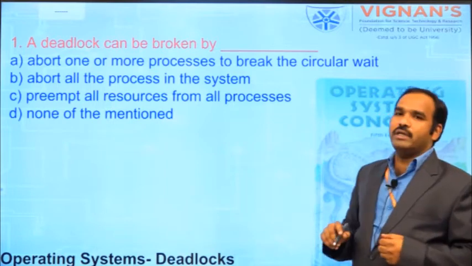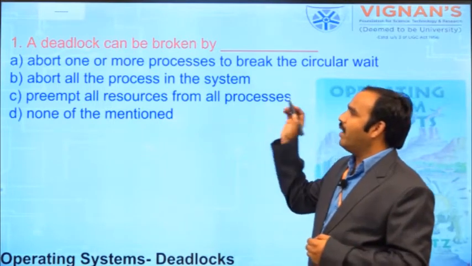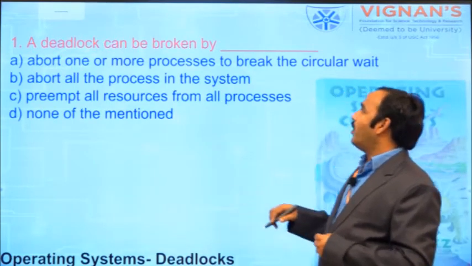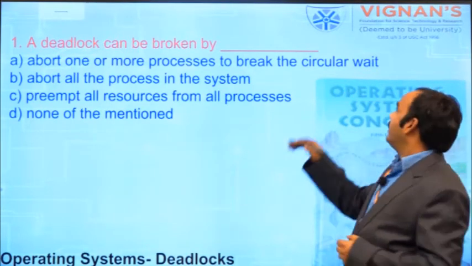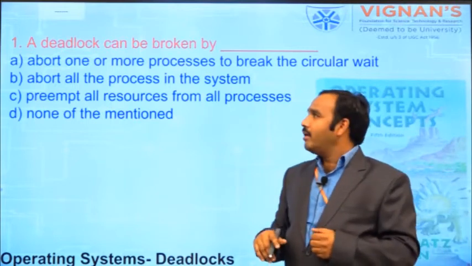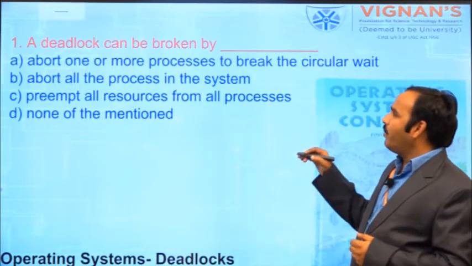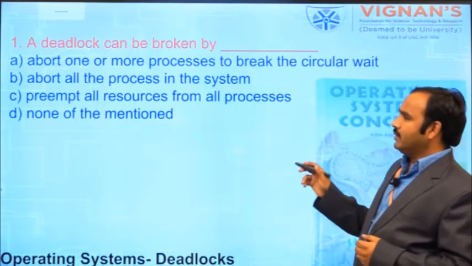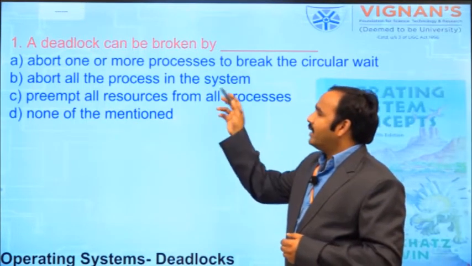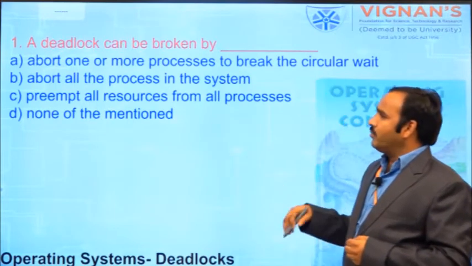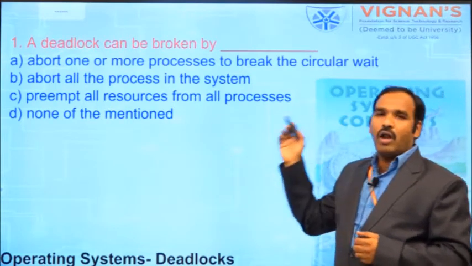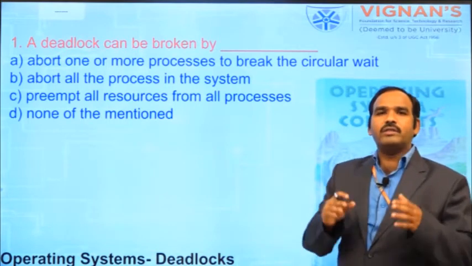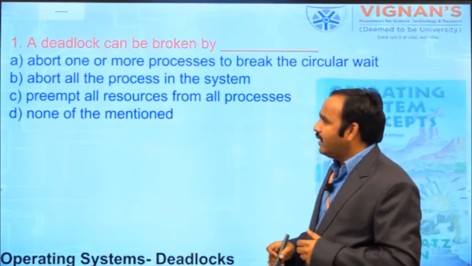Here the first question is, a deadlock can be broken by: option A, abort one or more processes to break the circular wait; B, abort all processes in the system. Certainly B is not the correct option, because you should not abort all processes in the system. You can abort only the processes involved in the deadlock.